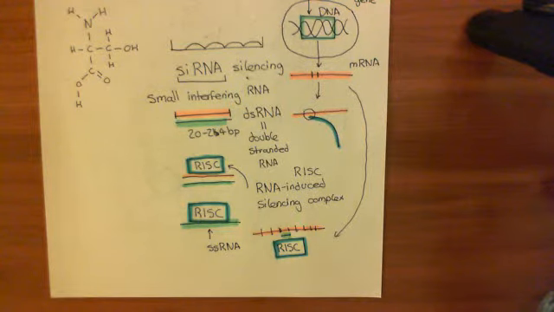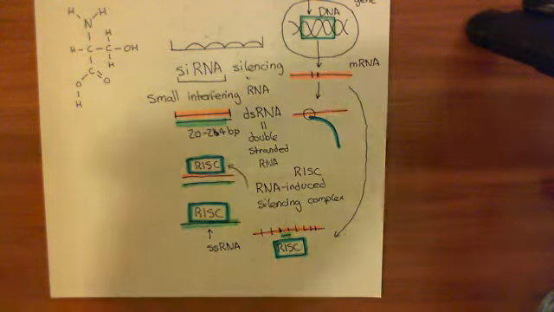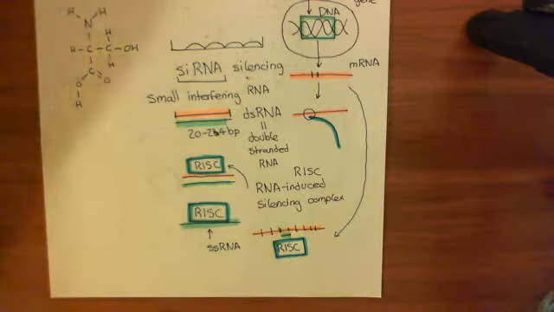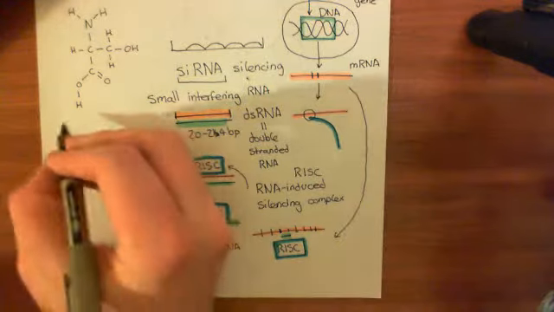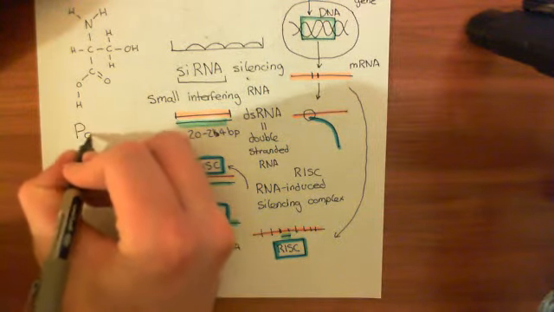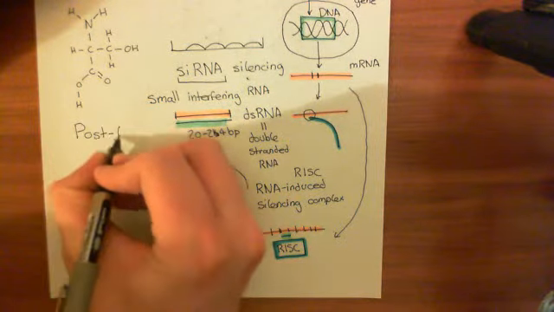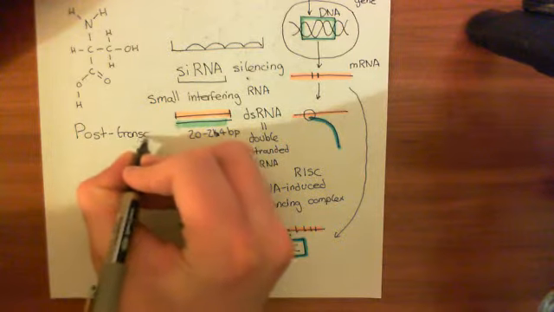No. You're not going to get any PKAM1 protein, even though you're producing the mRNA, because the mRNA is being destroyed post-transcriptionally. This is a way of stopping those HUVEC cells, human umbilical vein endothelial cells, from producing PKAM1. So this is known as post-transcriptional gene silencing.